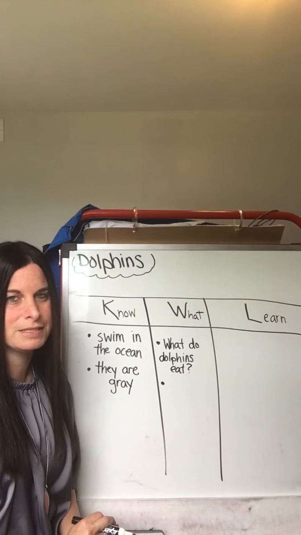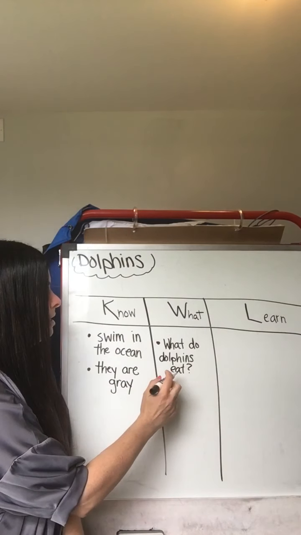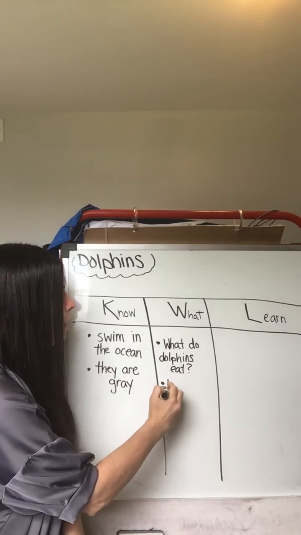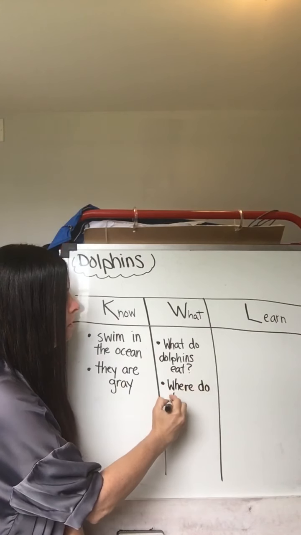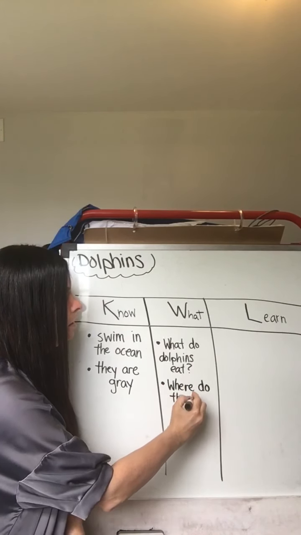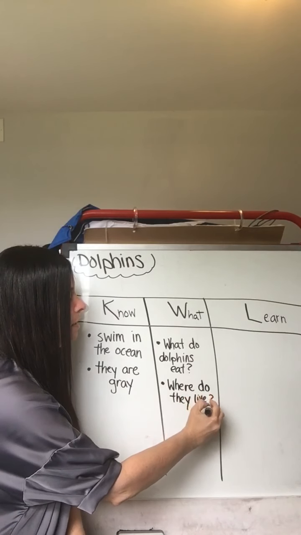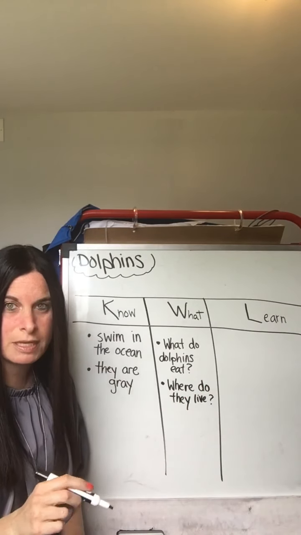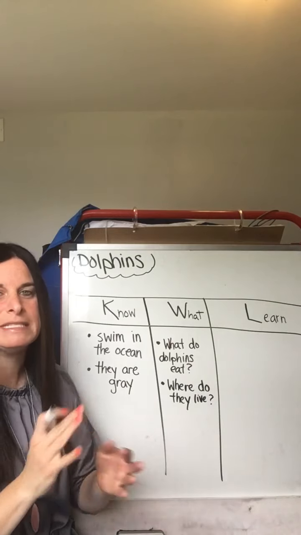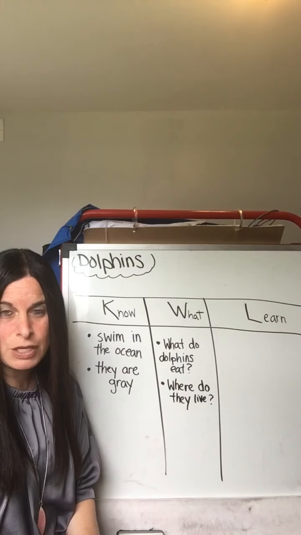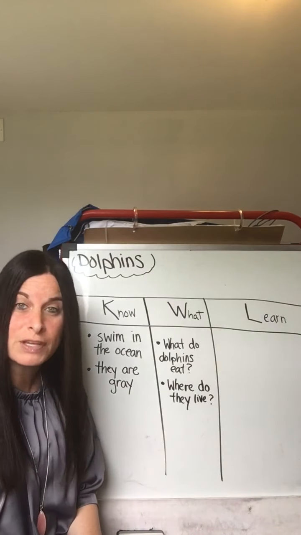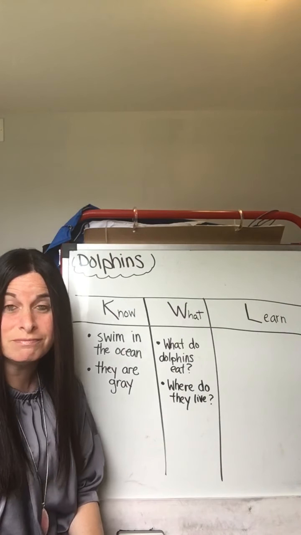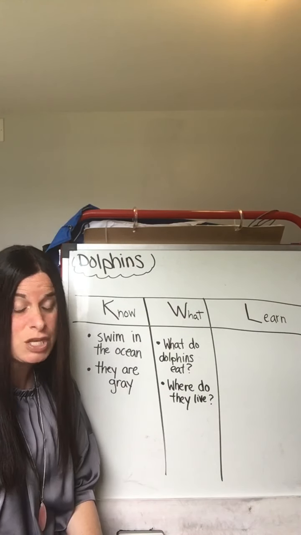How about, where do they live? Meaning, we know that they live in the ocean, but is there any specific ocean that they live in? Do they live in the Atlantic Ocean? Do they mainly live in the Pacific Ocean? So let's see if we can research that too.